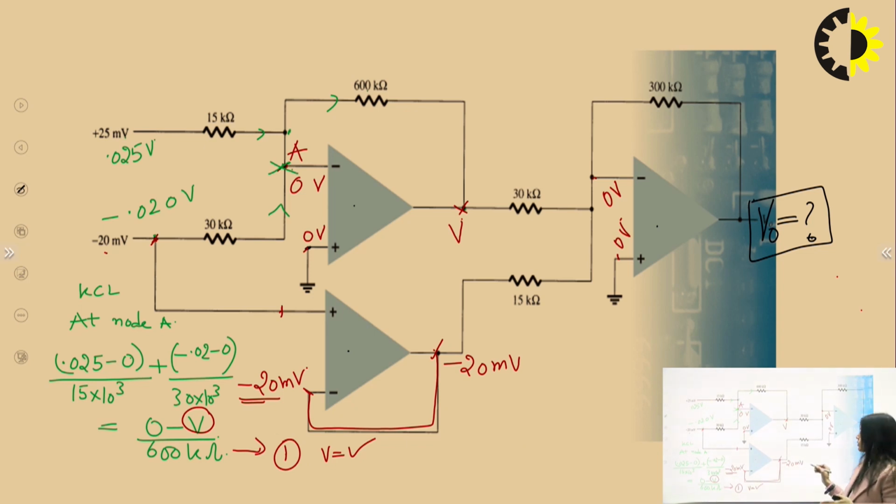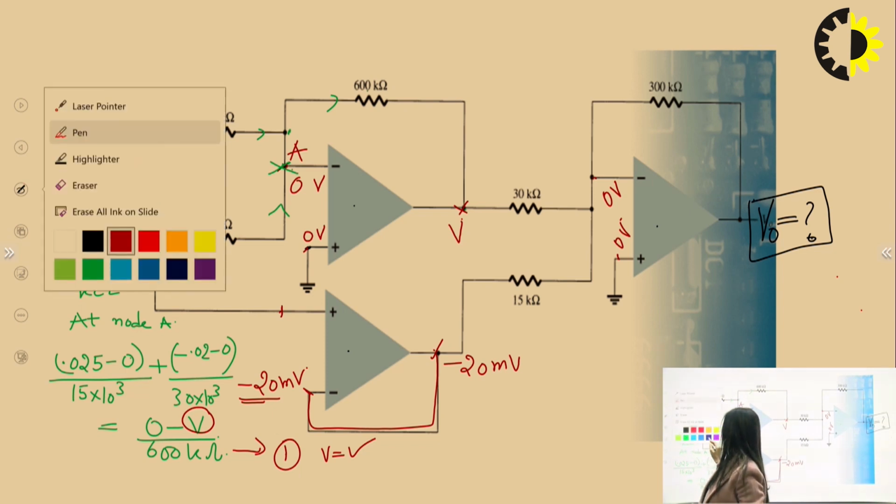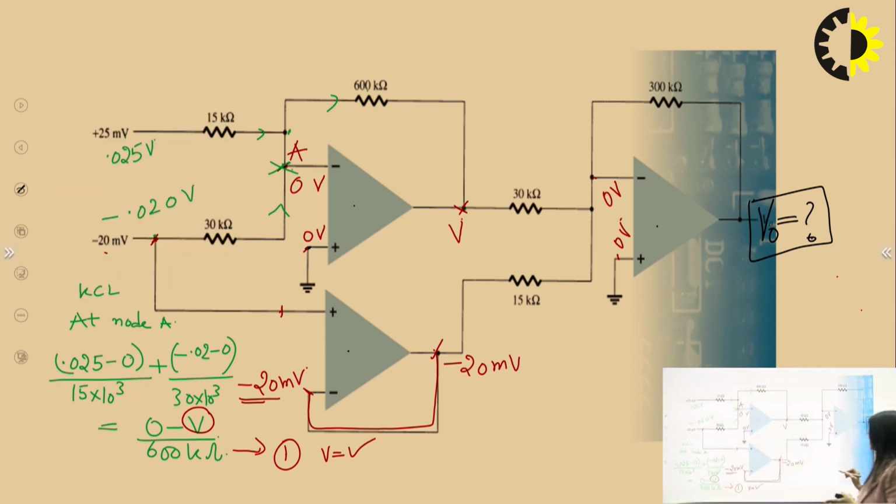So the second equation will be minus 20 minus 0. In fact, this should be minus 0.02.